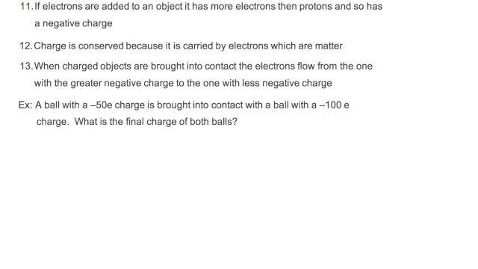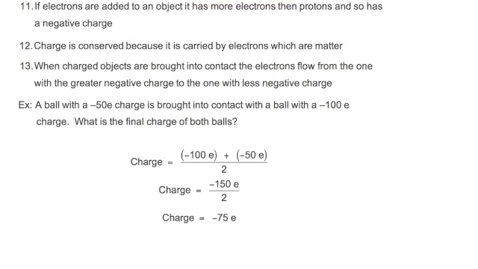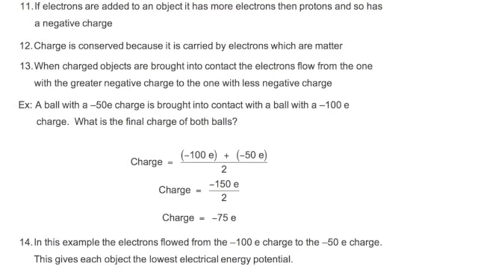What is the final charge of both balls? It's merely the algebraic average of the two charges. So -100 plus -50 gives us a -150 charge. Divide that by 2 because there are two objects, and we get a -75 charge for each object.